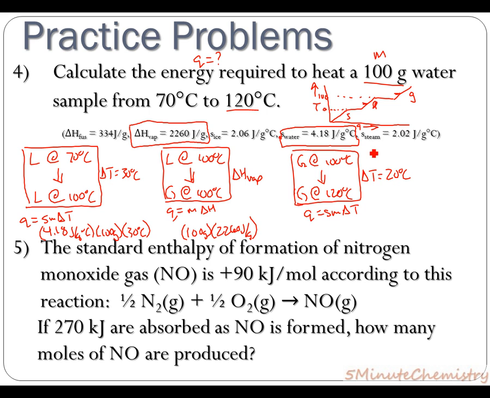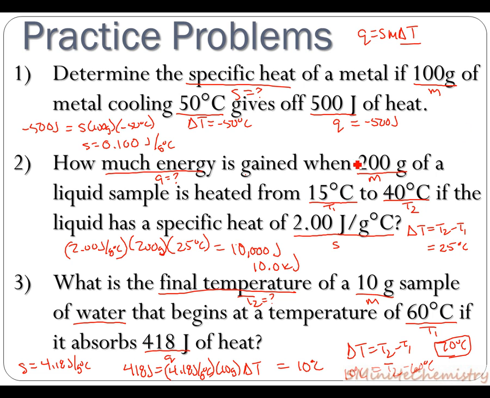In this case, our specific heat is that of steam, 2.02 joules per gram degrees C, times the mass, 100 grams, and times the temperature change, which we figured out here as 20 degrees Celsius. All I have to do at this point is find the Q's and then add them all together. So we'll do the math.